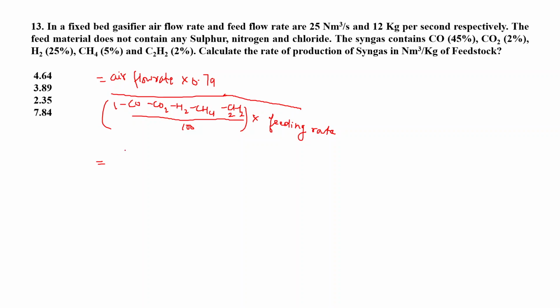After putting all the values in the question, the air flow rate is 25 normal meter cube per second, so 25. Then 1 minus carbon monoxide 45, carbon dioxide 2, hydrogen 25, CH4 5, C2H2 2 upon 100.